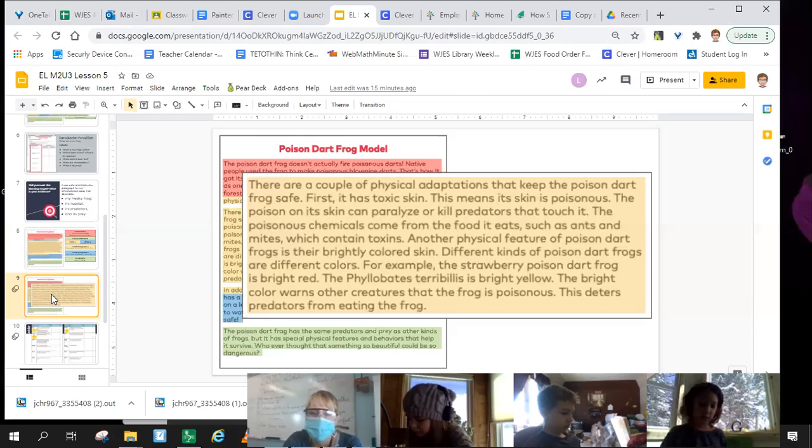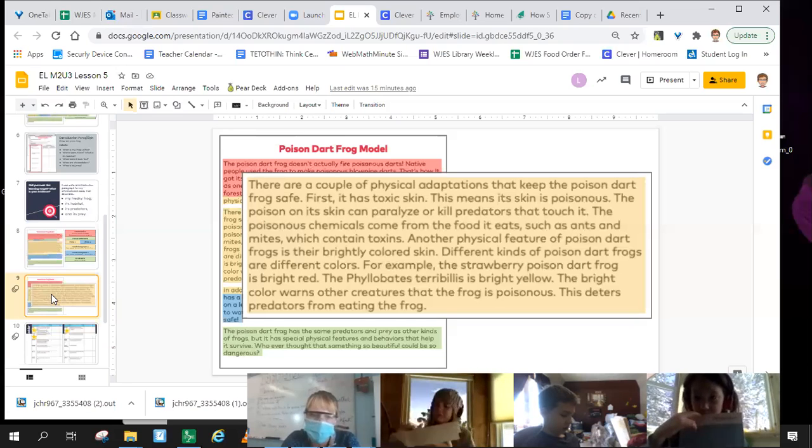Another physical feature of the poison dart frog is their brightly colored skin. Different kinds of poison dart frogs are different colors. What happens if I don't give them all the information and just say they're red and yellow? What is the reader going to think? They're all yellow and red. So think about your dart frog as you're getting ready to write this paragraph.